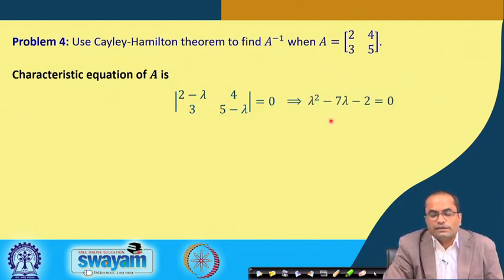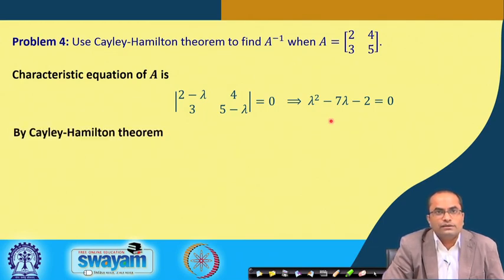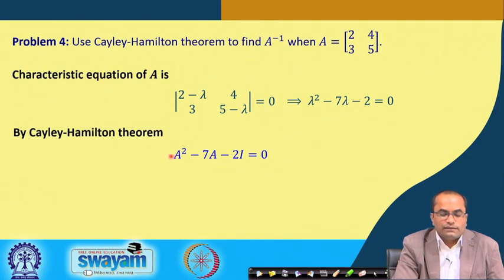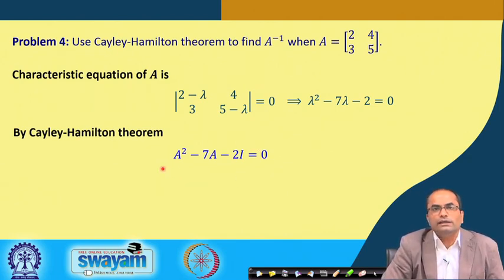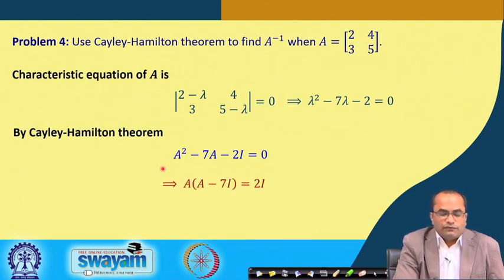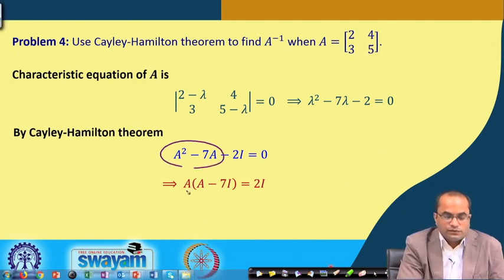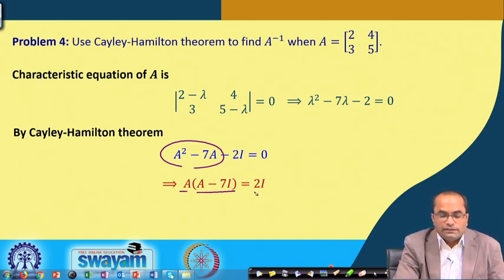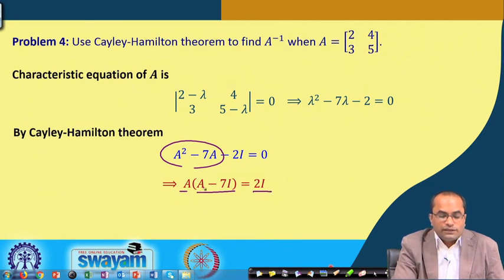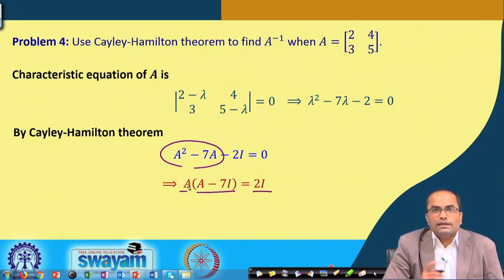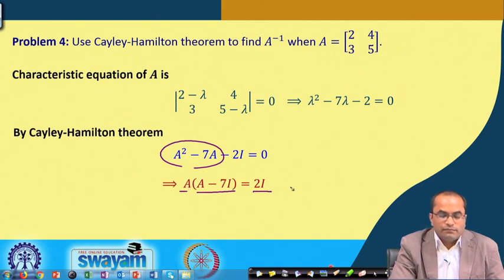So, we will get this lambda square minus 7 lambda minus 2 is equal to 0, that will be the characteristic equation, and by the Cayley-Hamilton theorem we know that this A square minus 7 A minus 2 I will be equal to 0. We can take A common in these first two terms, so A into A minus 7 times the identity matrix is equal to 2 I. And now, what we can do here is multiply by A inverse. Again, a point to be noted is that we can multiply by A inverse only when A inverse exists. So, up to now this is okay.